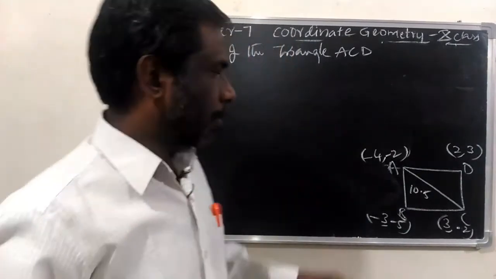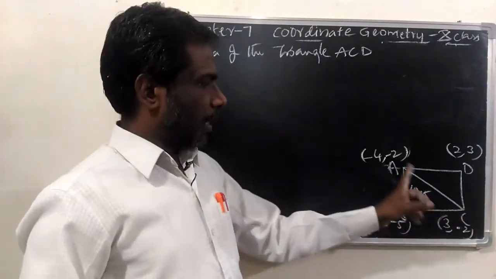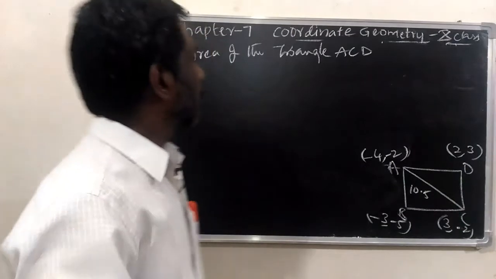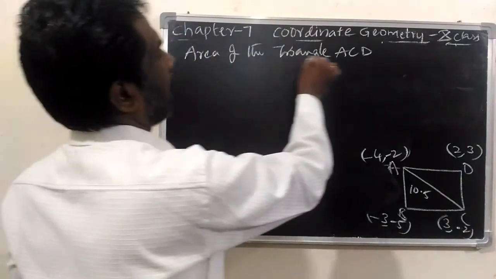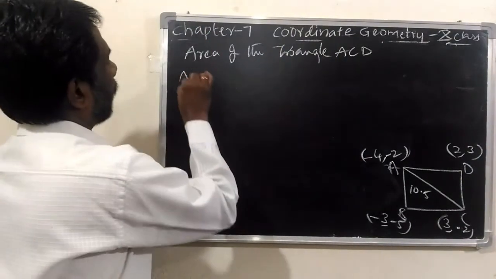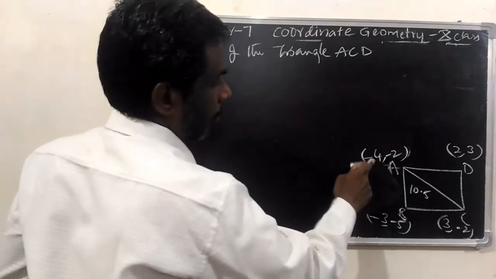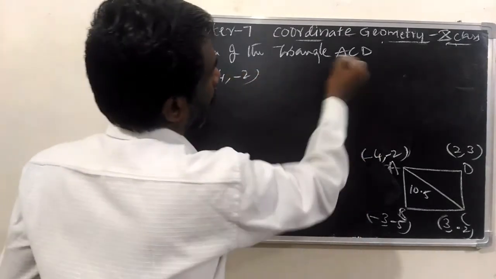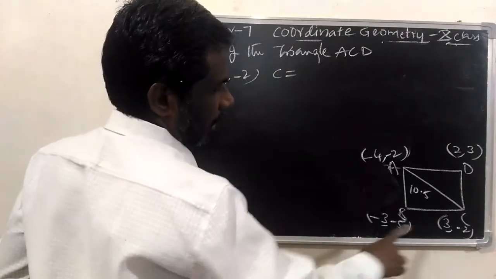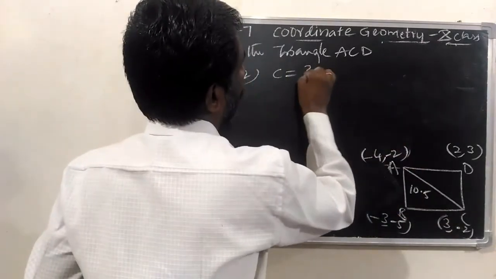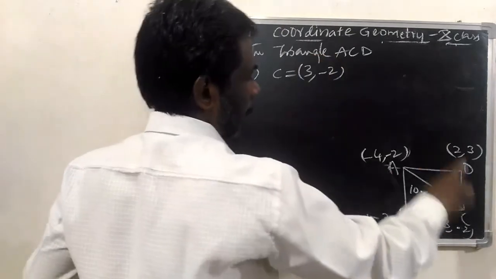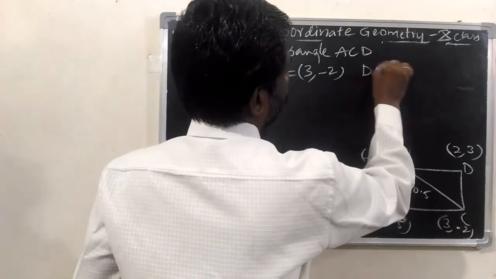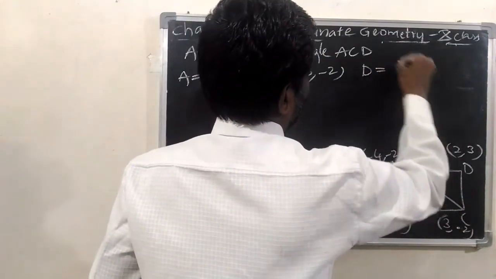Yes, we need to find one more area of a triangle, that is ACD. Area of the triangle ACD, where A is -4 comma -2, and C is 3 comma -2, and D is 2 comma 3.